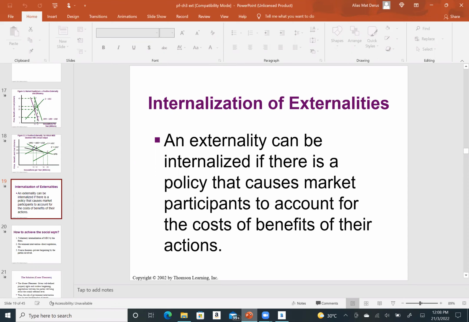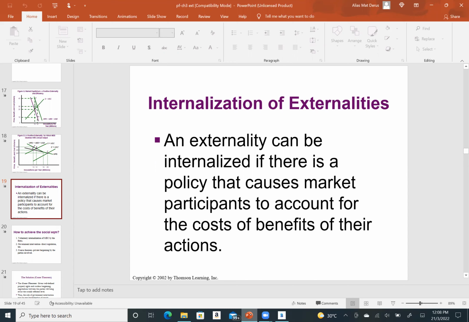How do we internalize the activities? Let's say we look at the negative production externality. How do firms take into account that external cost? We know, when you produce a good or service, you only consider the production cost.